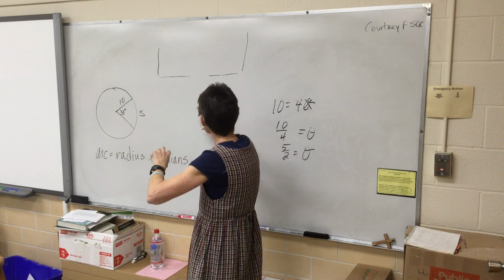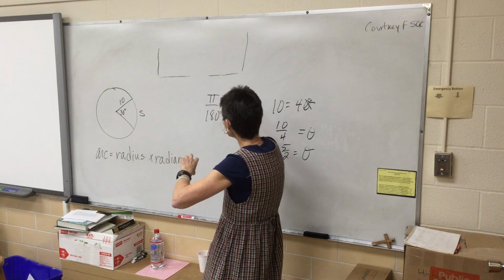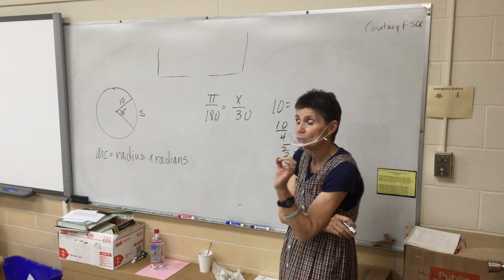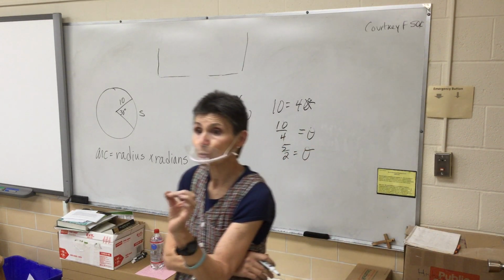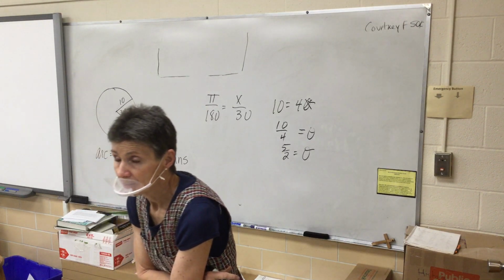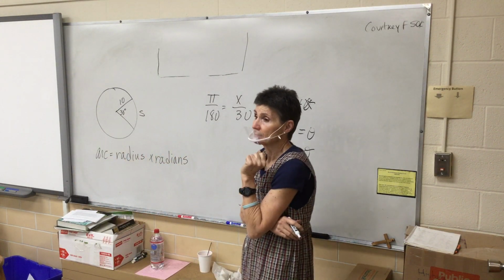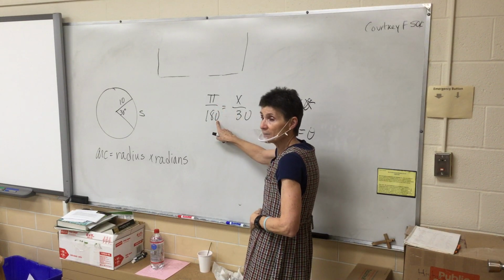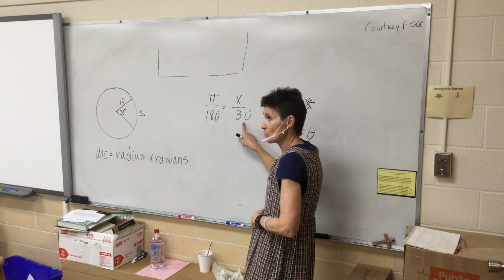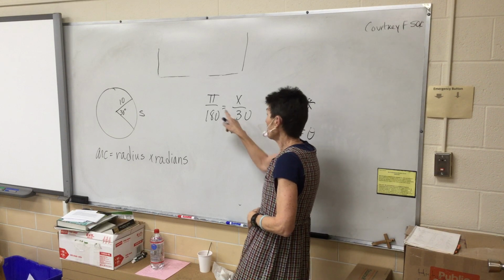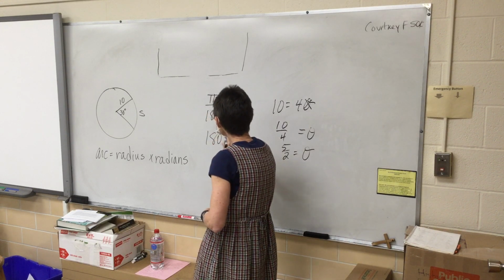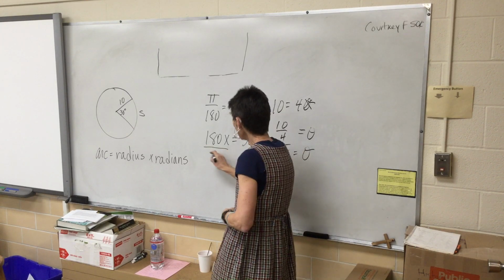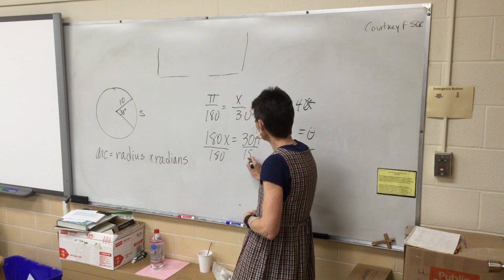Pi over 180 equals what over 30? I need to know how many radians 30 degrees is. So I know pi is the same as 180. So what is the same as 30? I'll cross multiply, and I'll divide because I'm trying to get x by itself.